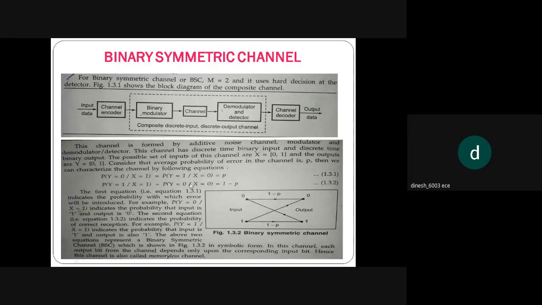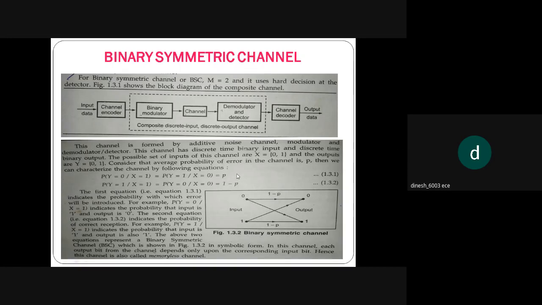And another case is P of y equal to 0 and x equal to 1, or y equal to 1 and x equal to 0. In that case we get an error, which is p.